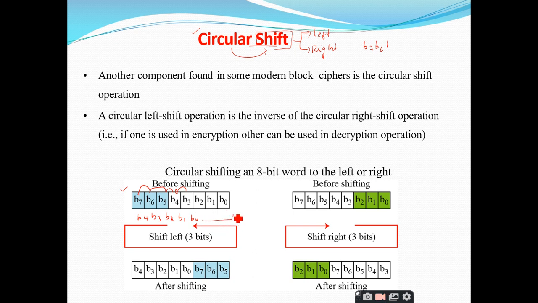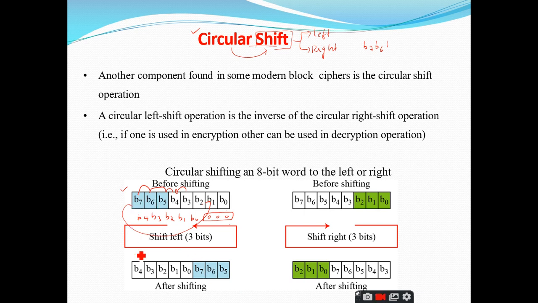The first 3 bits, since they are vacant, are replaced with zeros. This is a normal shift operation. But since it is a circular shift operation, whatever you remove from the left-hand side should be kept again in the same bit string. So first b7 will be removed and it is kept here.